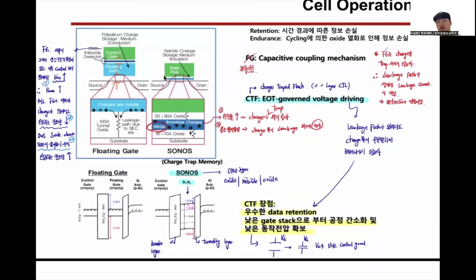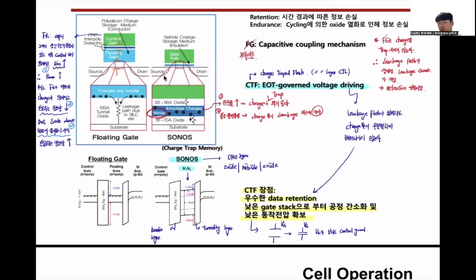Now we use the CTF transistor, and in its structure we remove the floating gate. We use a nitride because it is a good insulator and its permittivity is good, which means the charge is trapped much better.